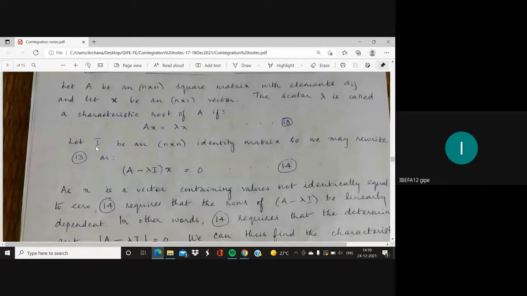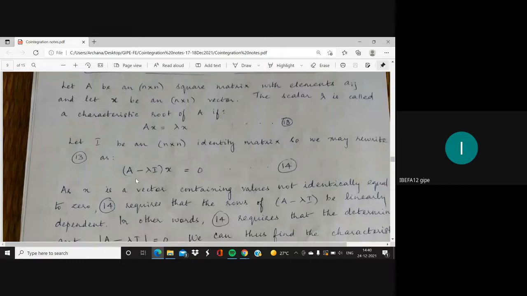Now think of I. Okay, I usually denotes an identity matrix. This is also of dimension n by n. It's a square matrix. So you can rewrite this equation 13 this way. Okay. So here, if you rewrite equation 13, okay, through some manipulation, you'll arrive at this equation here.